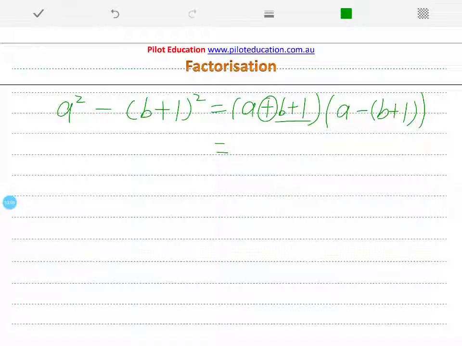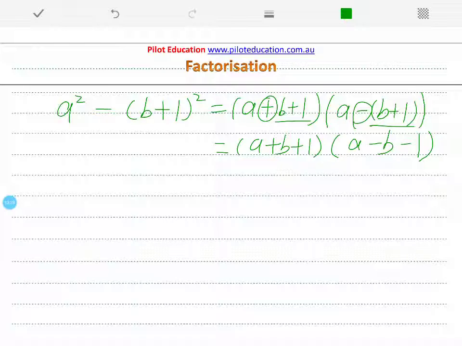But you have to expand this bracket. That becomes a plus b plus 1 times a, take away b, take away 1. Because when you expand the bracket, the minus sign then applies to both terms here. Okay?